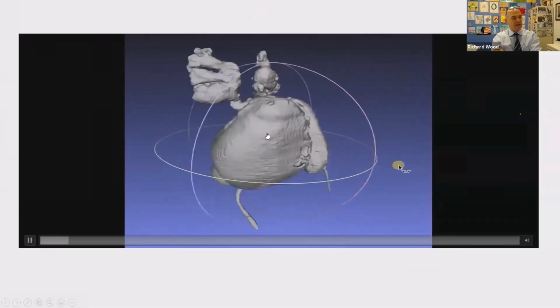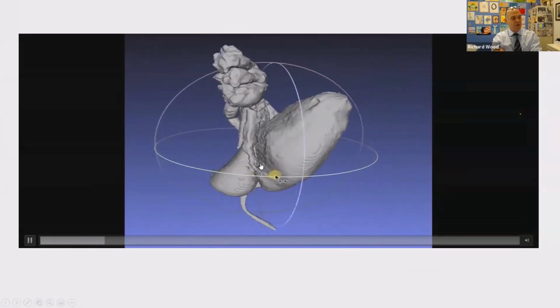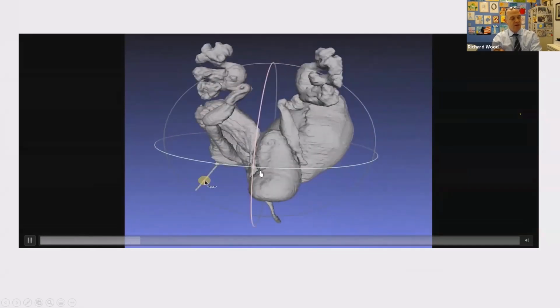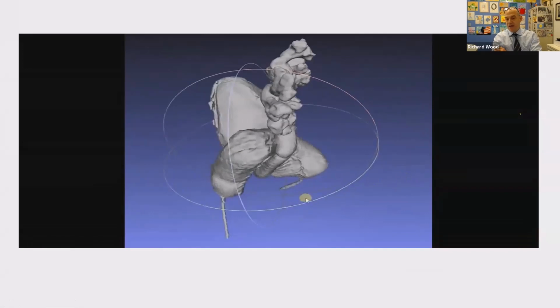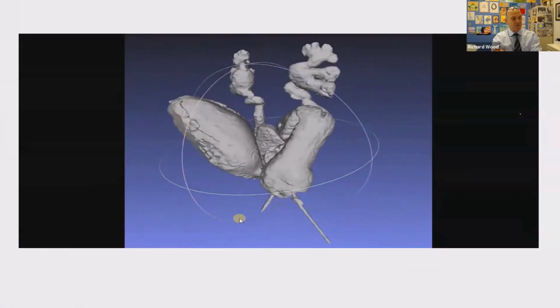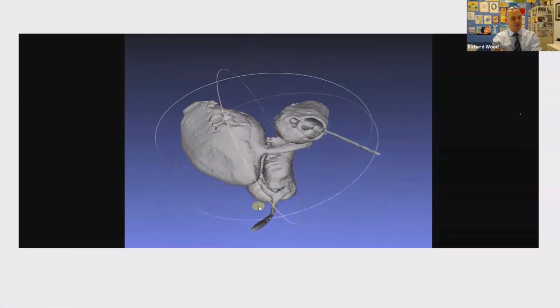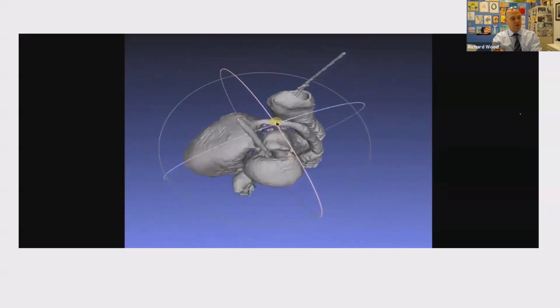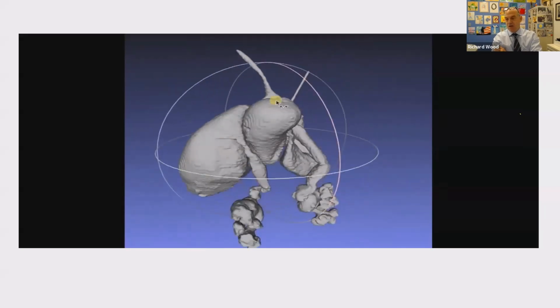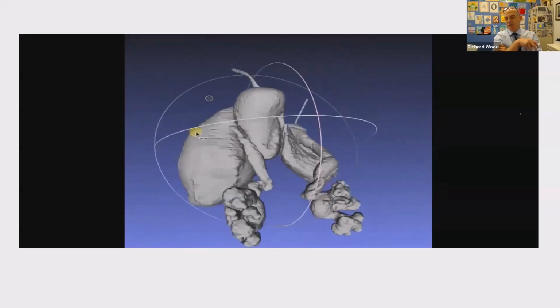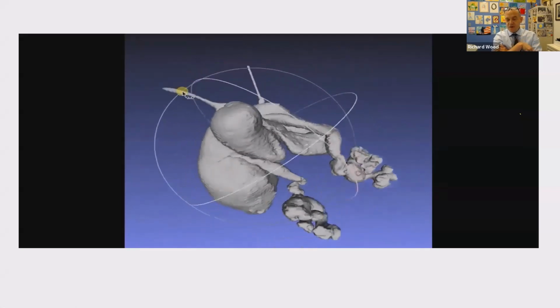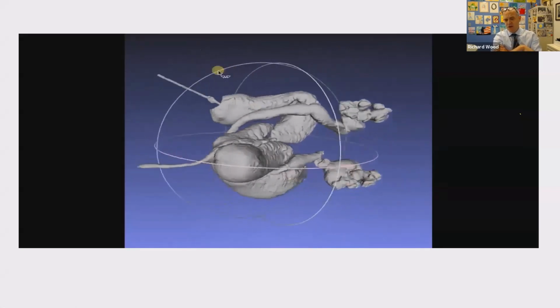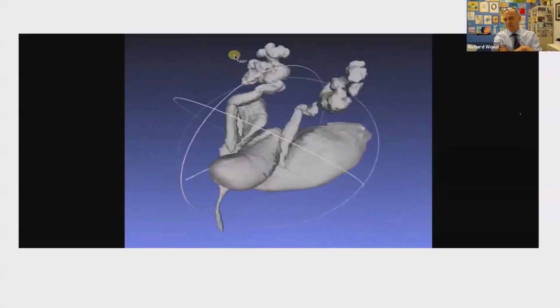You can actually make images like this as well, which you can manipulate in a computer and move around and look at different angles. And this allows you to really understand how all the structures enter and what your best approach is going to be. So for me, this works about as well as 3D printing without the additional cost of doing 3D printing because it's very expensive.